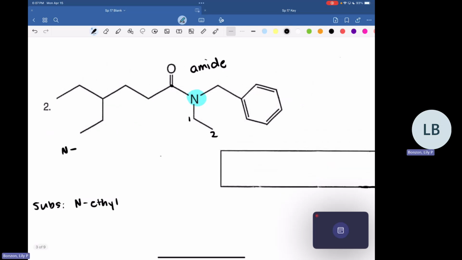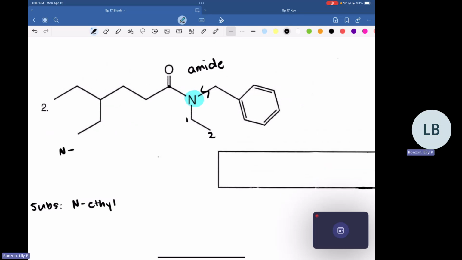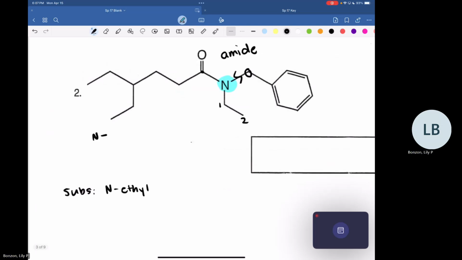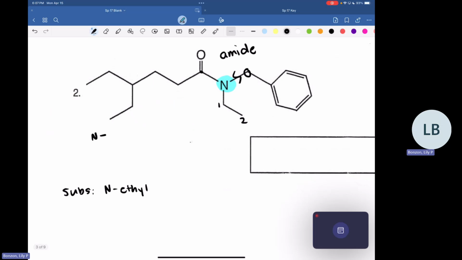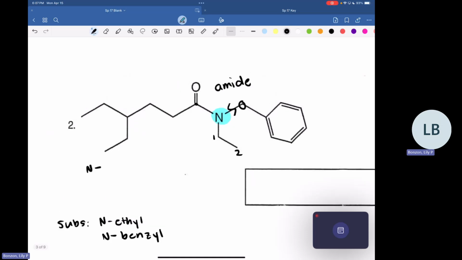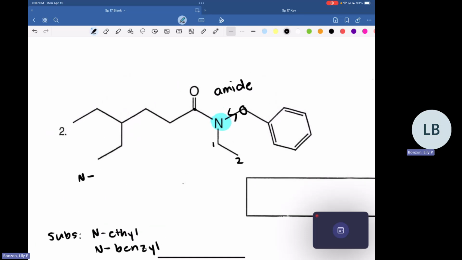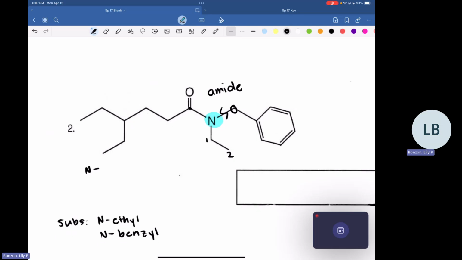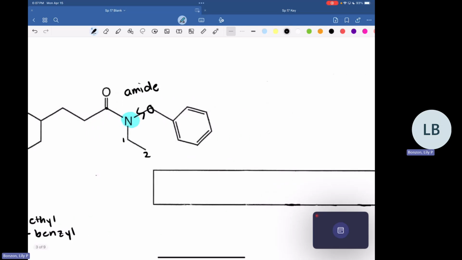And then over here, throwback to the last test, we've got a benzene, and then it has a CH2 group as well. So this one's going to be benzyl. So we've got N-benzyl. Those are going to be our subs for the nitrogen. And then going back to just the parent nomenclature, the ending for amide is just throwing amide at the end.